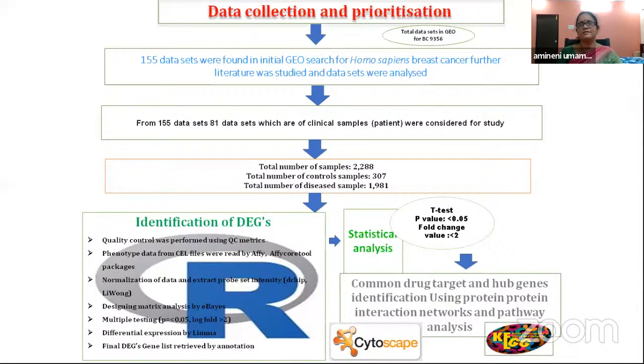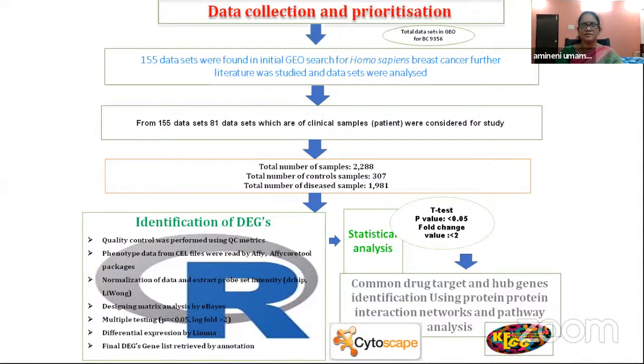If the p-value is less than 0.05 and the fold change value is more than 2, then we consider them differentially expressed genes. Sorry, the sign was wrong; the fold change value should be more than 2.